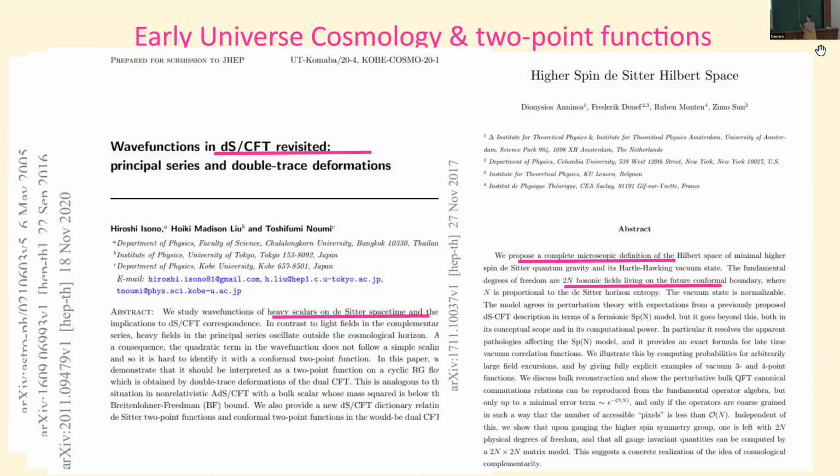They just analyze the bulk, but in the late time limit. The hope is that this gives clues towards what the boundary is. So the Hilbert space, yes, from the bulk.